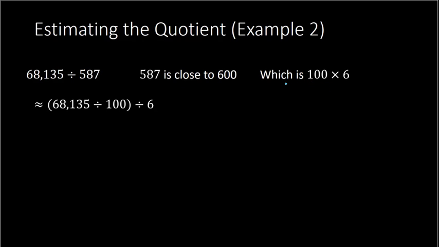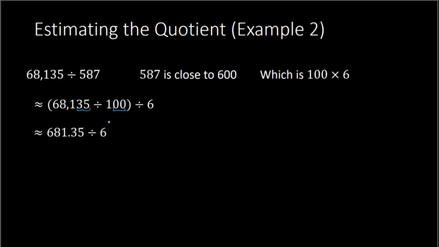All right, so what I can do is I can do 68,135 divided by 100, and we're dividing by 10 to the second power, so this would be 2 zeros, so the decimal point moves over 2 places. So we get 681.35.